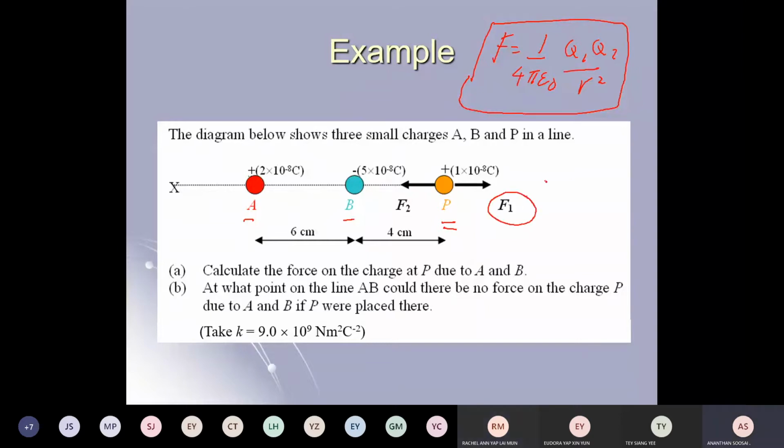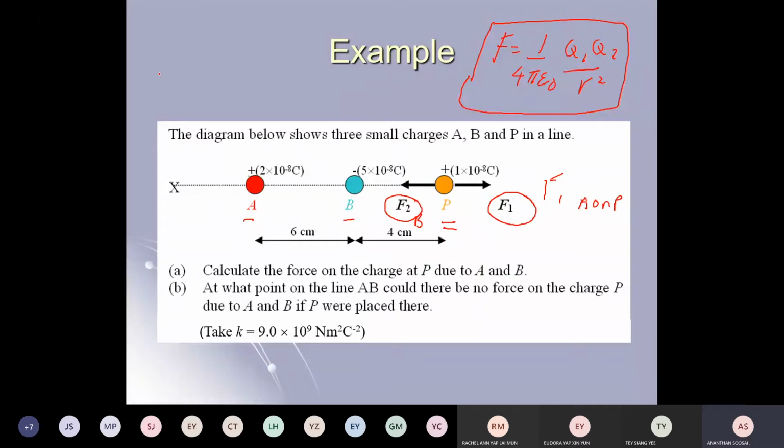So F1 is the force caused by A on P, correct? Then F2 is definitely the force caused by B. B is negative, P is positive, so B is going to pull P to the left. So F2 is the force caused by B on P.